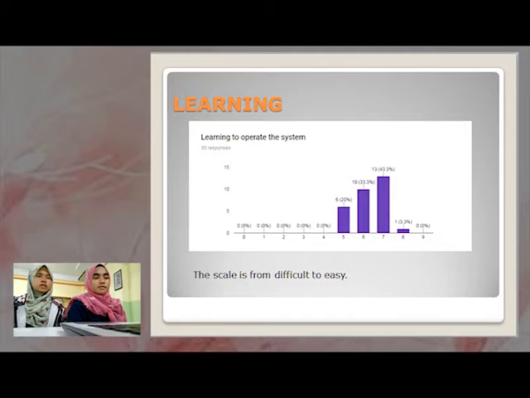Most of them say it is almost easy to operate, because our courseware is just a simple program for kids. So most chose scale 7, 13 out of 30 respondents.